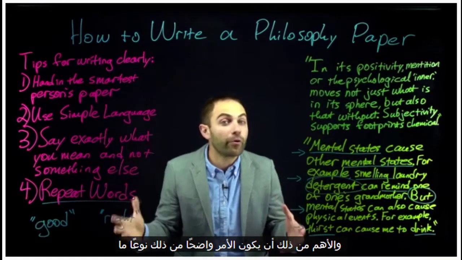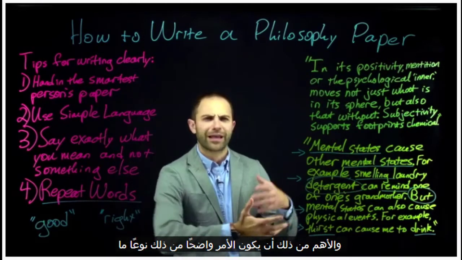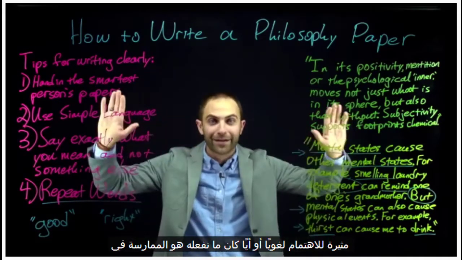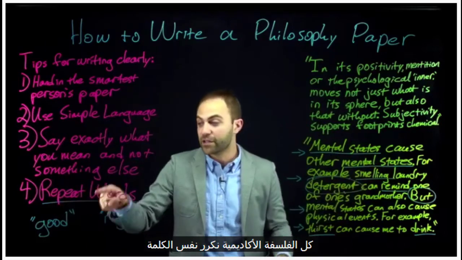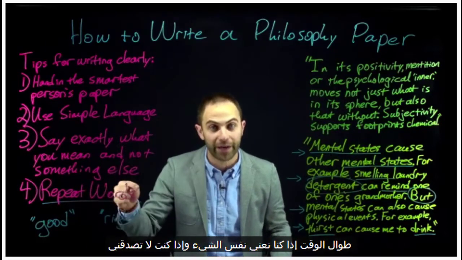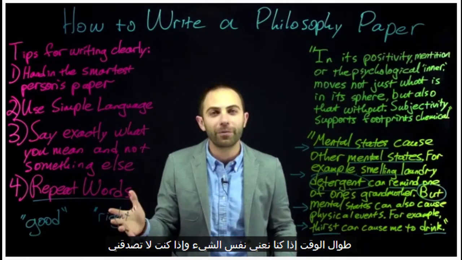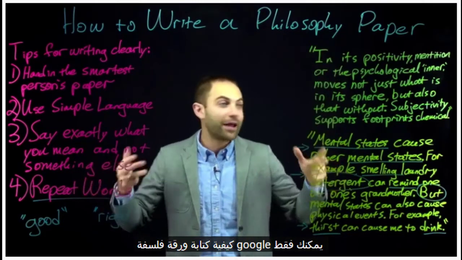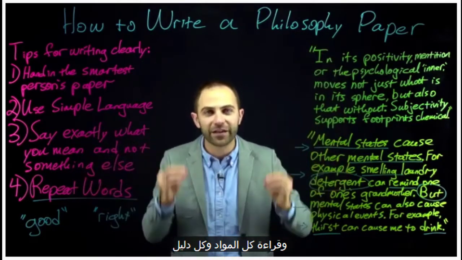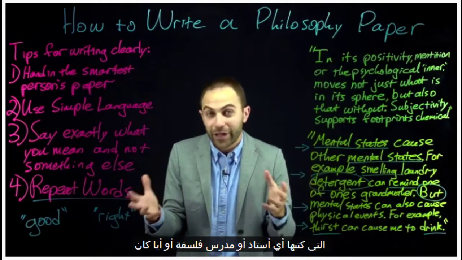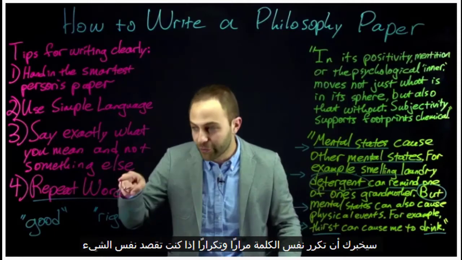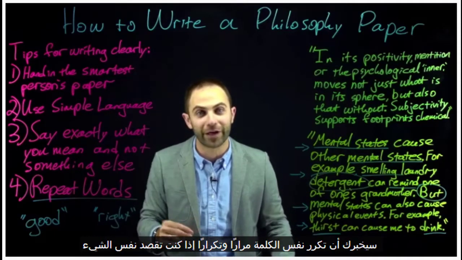And it's more important that it's clear than that it's interesting linguistically or whatever. So what we do, this is the practice in all of academic philosophy, is we just repeat the same word the whole time if we mean the same thing. And if you don't believe me, you can just Google how to write a philosophy paper and read all the stuff. Every single guide that exists, written by any philosophy professor or instructor or whatever, will tell you to repeat the same word over and over again if you mean the same thing.